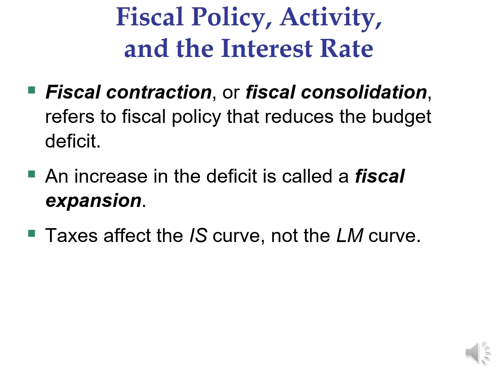Fiscal policy activity and the interest rate. Fiscal contraction or fiscal consolidation refers to fiscal policy that reduces the budget deficit. An increase in the deficit is called a fiscal expansion. Taxes affect the IS curve, not the LM curve.